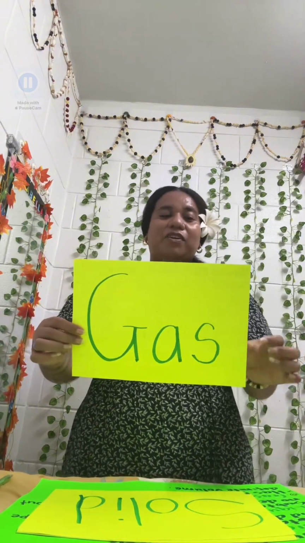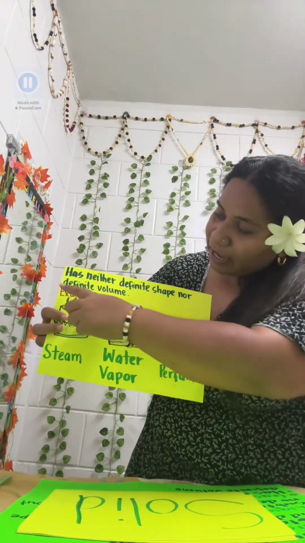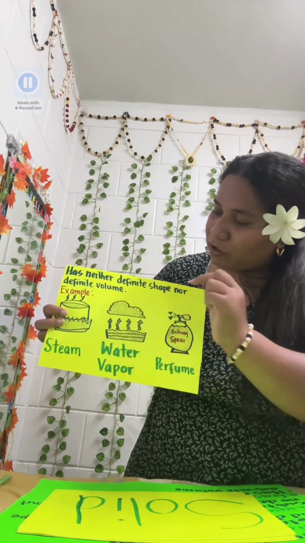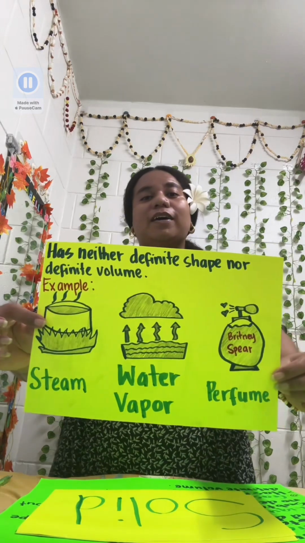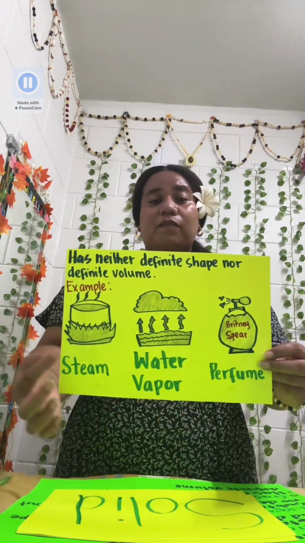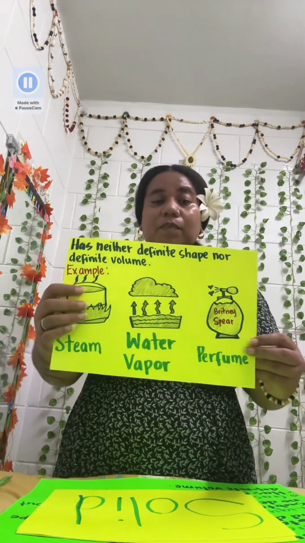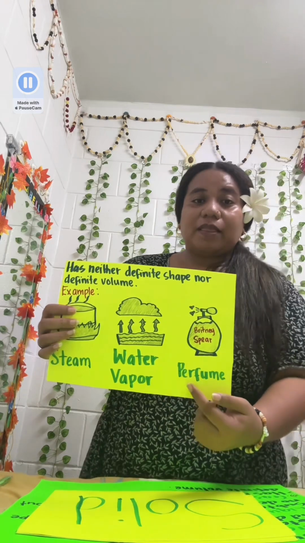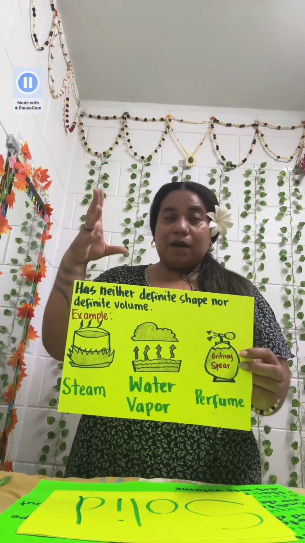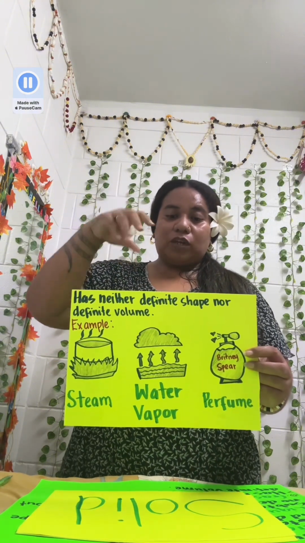And the last one is what? Gas. Very good. The definition for gas is it has neither a definite shape nor a definite volume. Those are the three examples of gas: the steam, the water vapor, and the perfume. As for the steam, when we steam water in a pot, what comes out from the pot is gas.